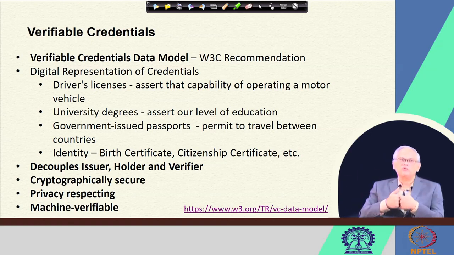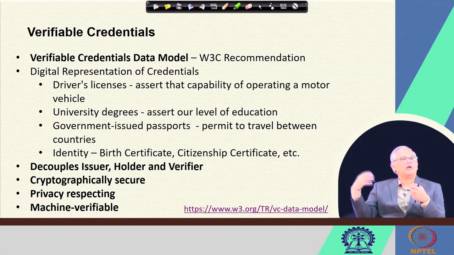A typical example would be a university as the VC issuer for the degree certificate and the transcript. The holder would be the student who has graduated, and the verifier could be an employer, or another university to which the holder wants to get admission.